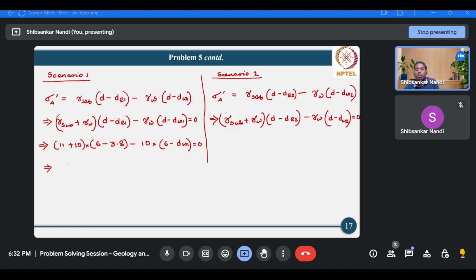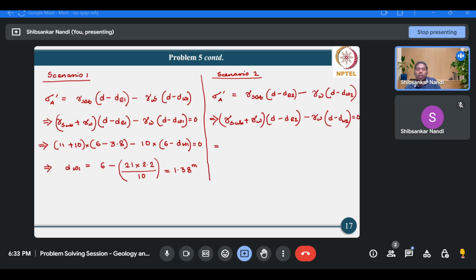From this equation we can calculate the value of dw1. It would be 6 minus 21 into 2.2 by 10, and that is 1.38 meter.